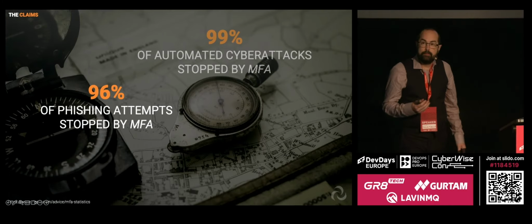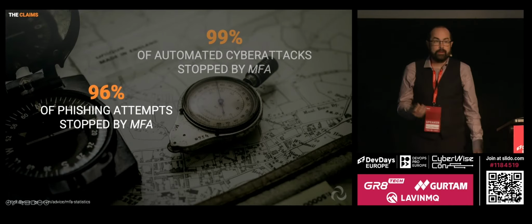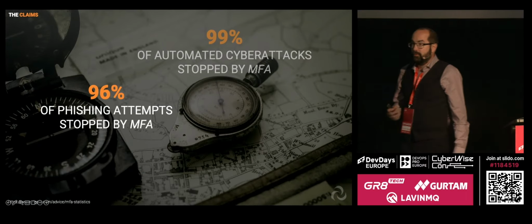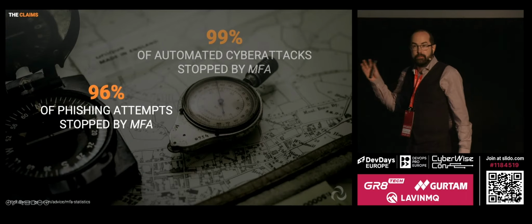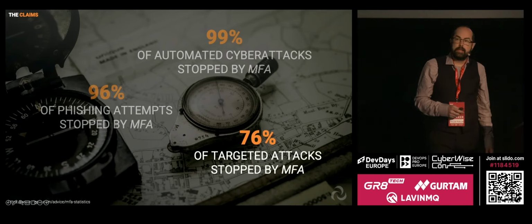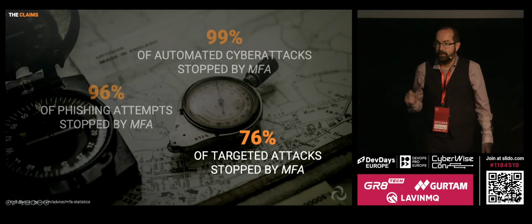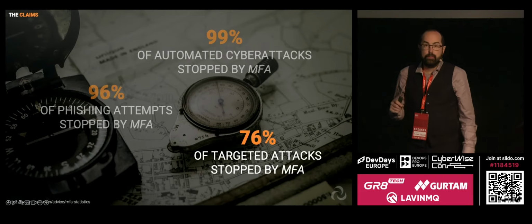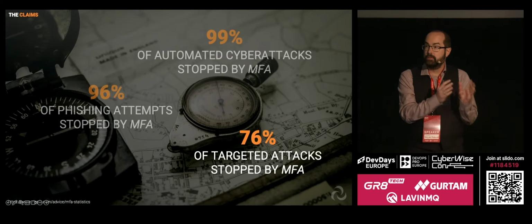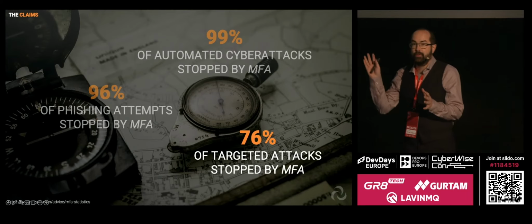The problem with those numbers is that, of course, you're not attacking multi-factor in that case. So if you were attacking multi-factor, those numbers would be slightly different. Another thing they say is that 76% of all targeted attacks are stopped by multi-factor. So when you go after one particular person, that's what we're going to be doing today. So we see if that holds as well.